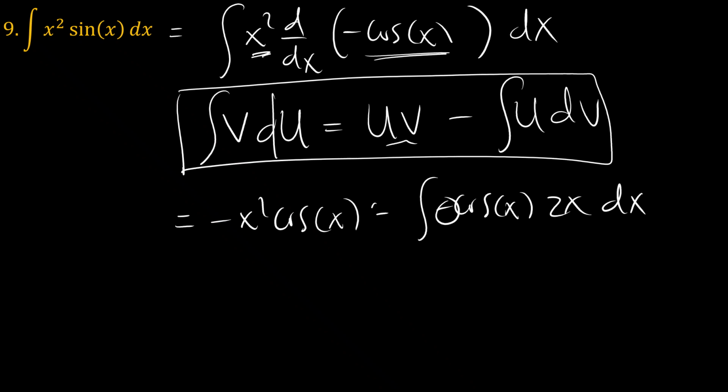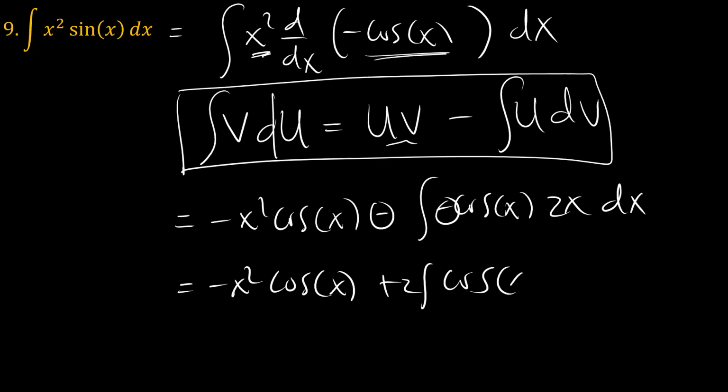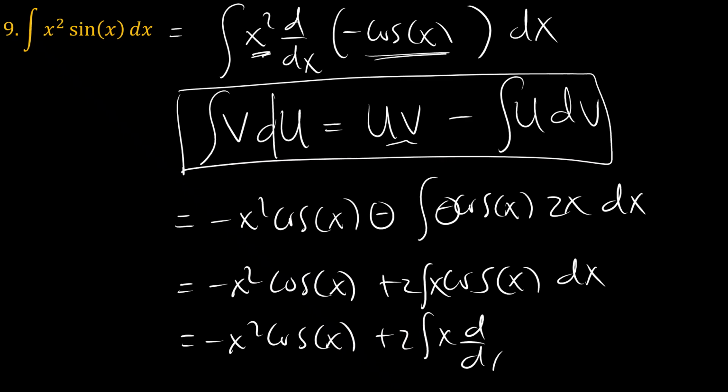So this and that interact. We have negative x squared cosine of x plus twice x cosine of x. We can further re-express this as negative x squared cosine of x plus twice x times the derivative of sine of x.